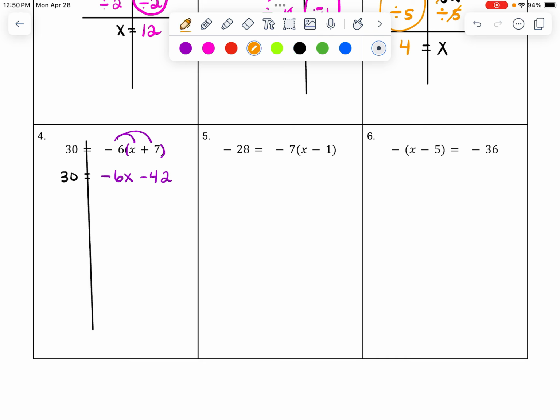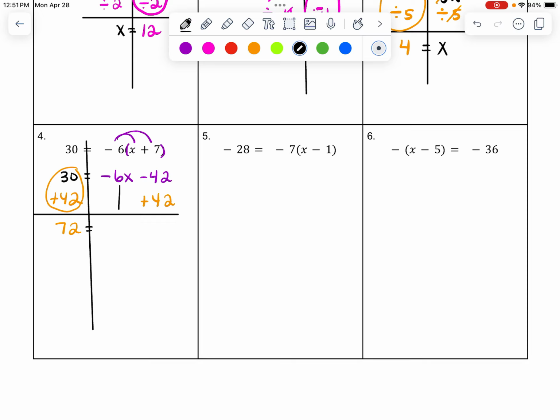Now we need to get the x by itself, so we need to start by reversing the number that is farthest from x. That means that we're going to do plus 42 on both sides. 30 plus 42 is 72.